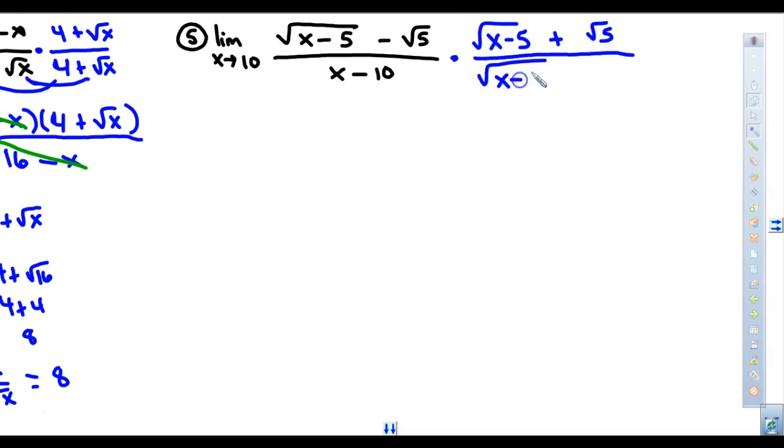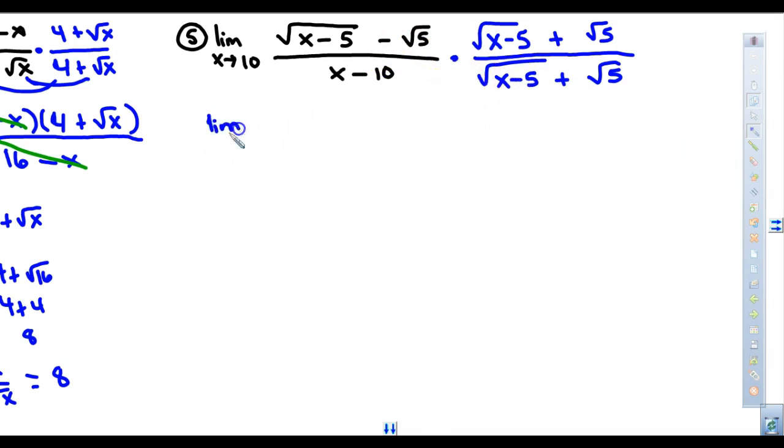Okay, now again, just like I told you a while ago on the last problem, when you use conjugates with these radicals, your radicals disappear in whichever part of your fraction you're using the conjugate for. In this case, we're using the conjugate for the numerator. What that means is we want to multiply out our numerator this time, but not our denominator.